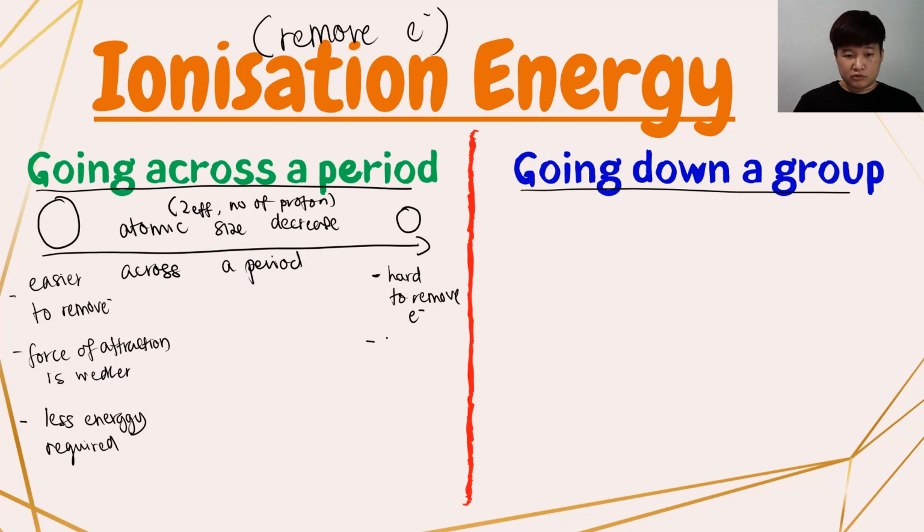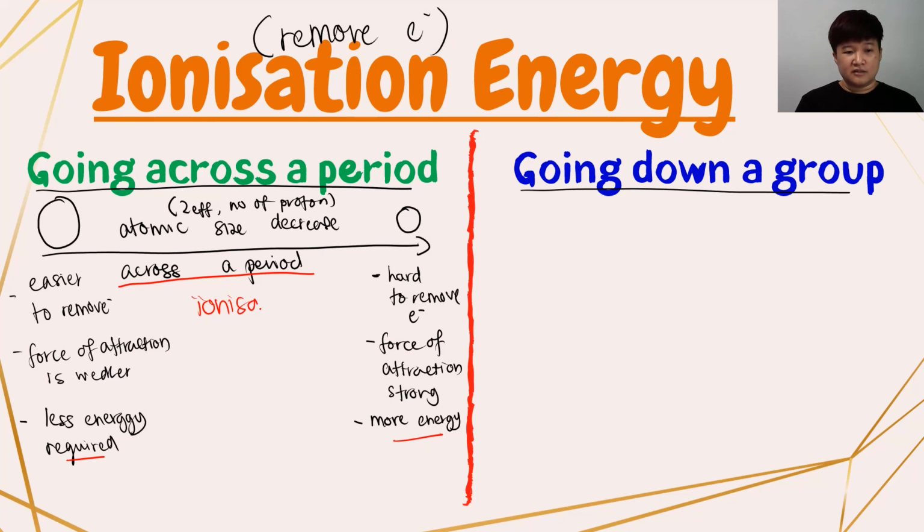Why is it very hard to remove electrons? Because the force of attraction is very strong. Since the size is very small, the nucleus is very close to the valence shell. As a result, you need more energy. So the ionization energy will increase when you move across a period because the size is smaller. Okay, so ionization energy increases.